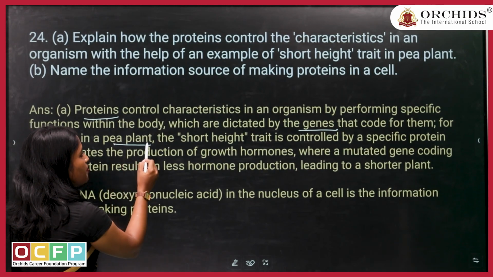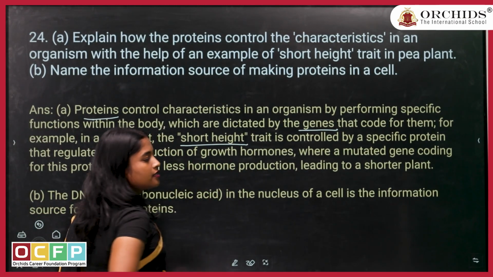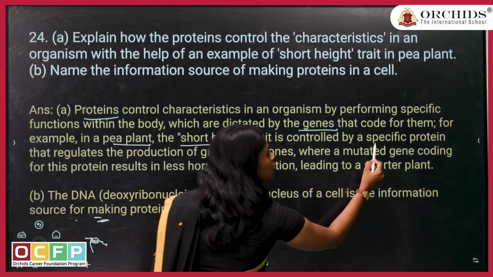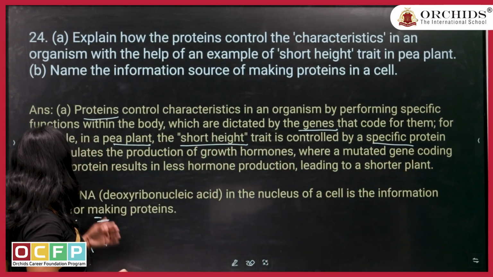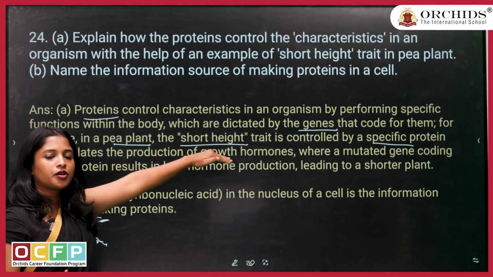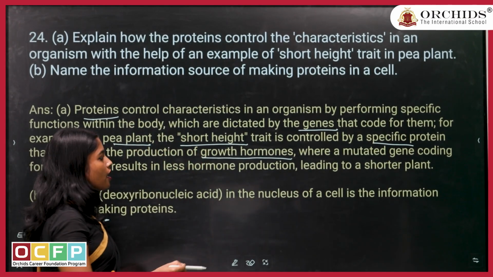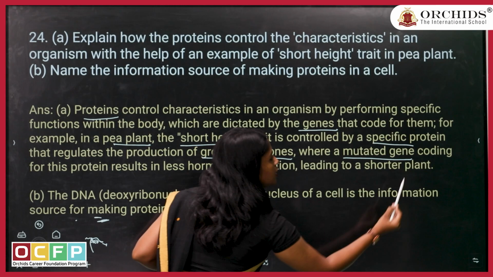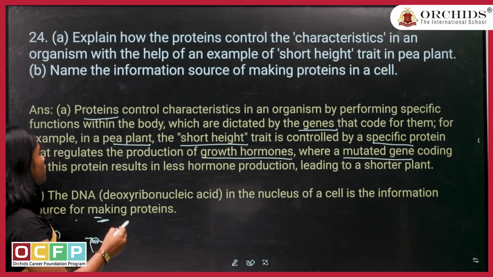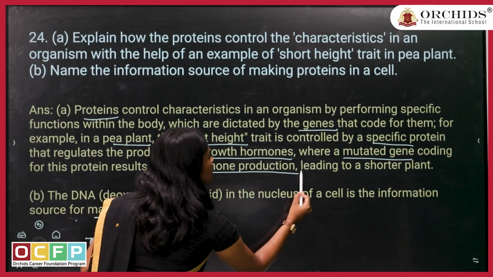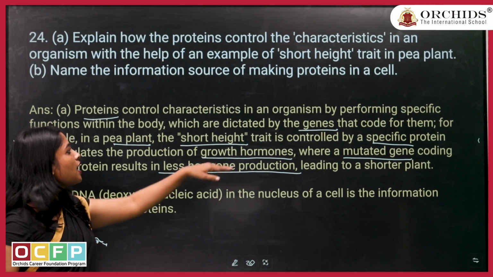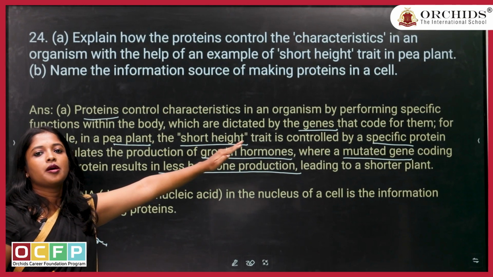Example, pea plant, the short height is the trait which is controlled by a specific protein. That regulates the production of the growth hormones in that particular plant, where a mutated gene which is coding for this protein results in less hormone production that leads to a shorter plant.